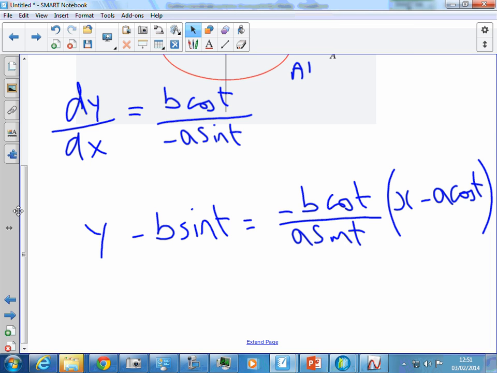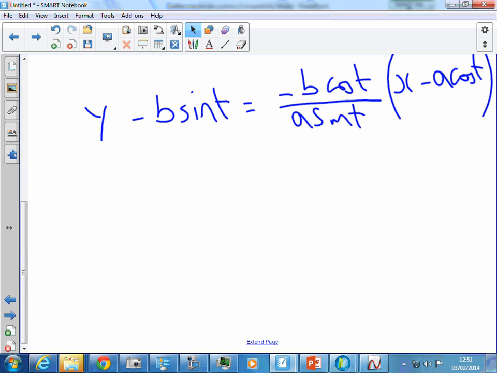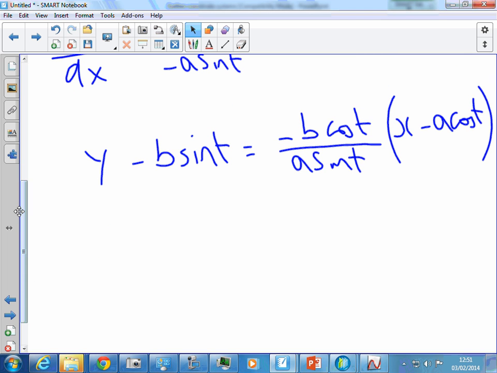times x minus a cos t, and we can multiply through by a sine t. So should we do that? Let's multiply through by a sine t.